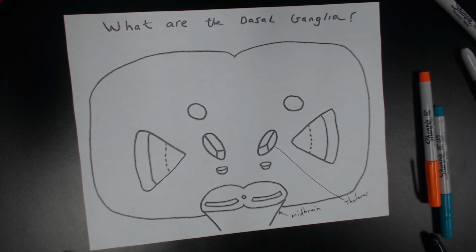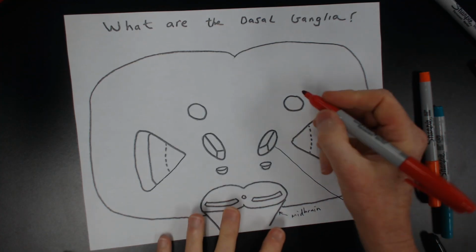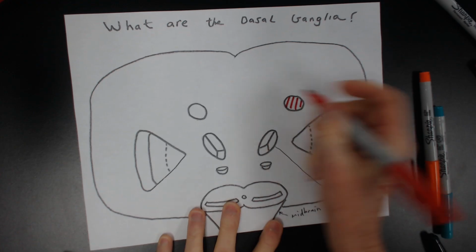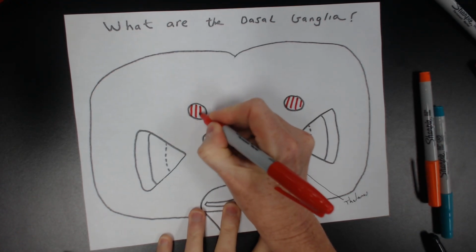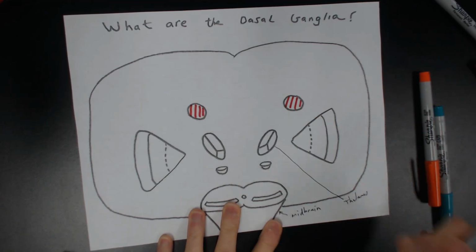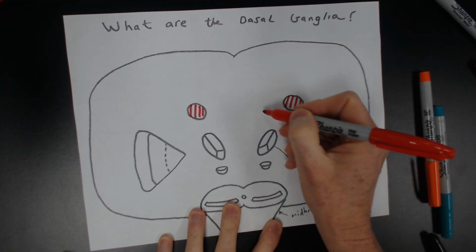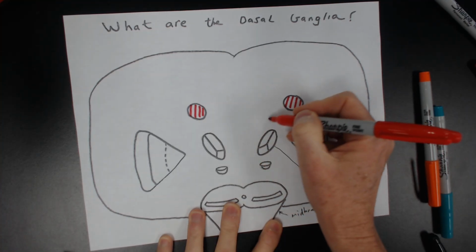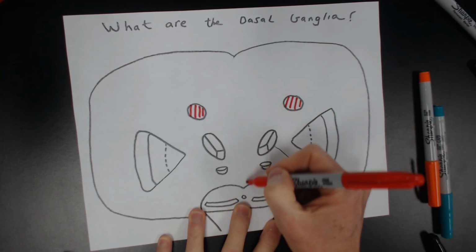Let's start labeling parts of the basal ganglia. We've got this structure up here, which is actually closely associated with the ventricular system. If you remember, your lateral ventricles would be coming out around here, and then that's your third ventricle right between the thalamus, comes down to the cerebral aqueduct.